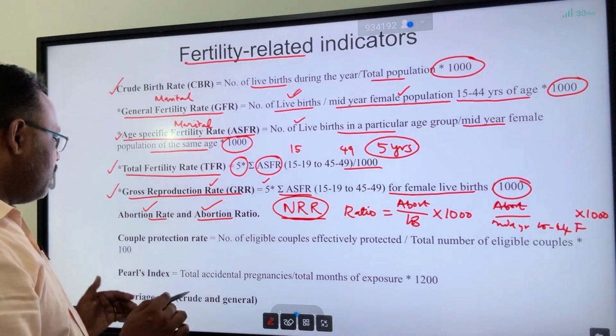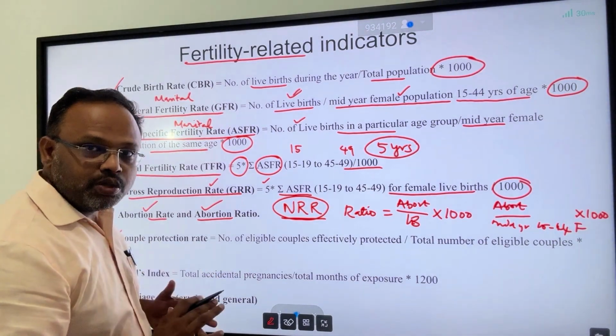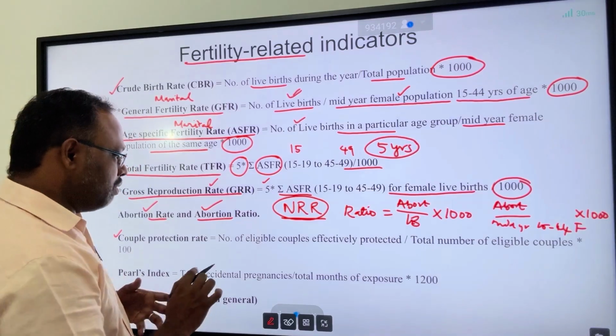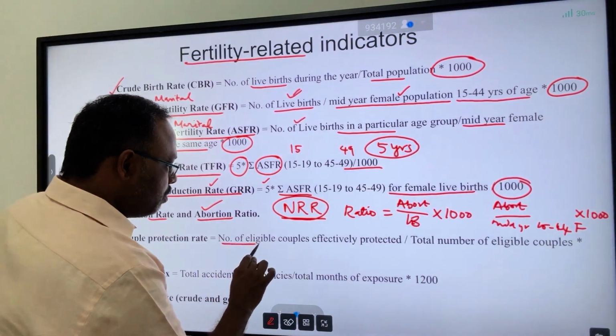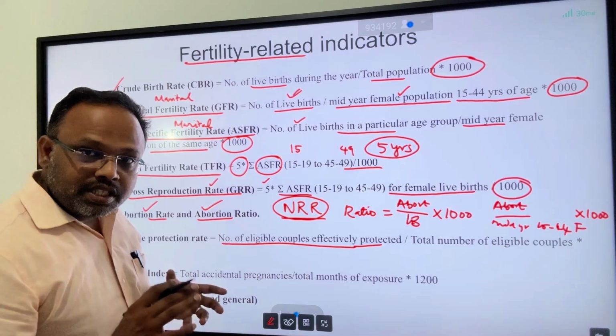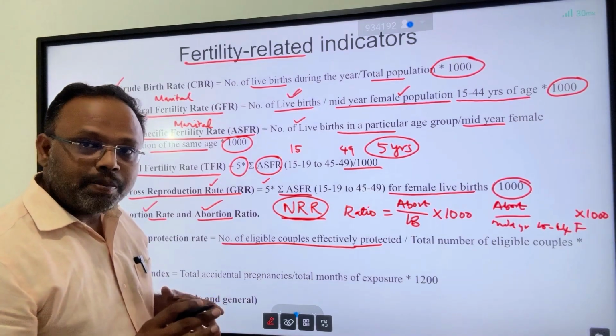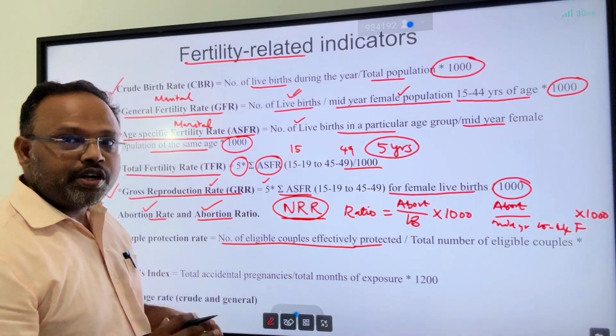Then we have the couple protection rate, again one of the most important indicators in family planning programs. That is the number of eligible couples who are effectively protected against childbirth with any one or more of the recommended family planning methods by the Government of India.